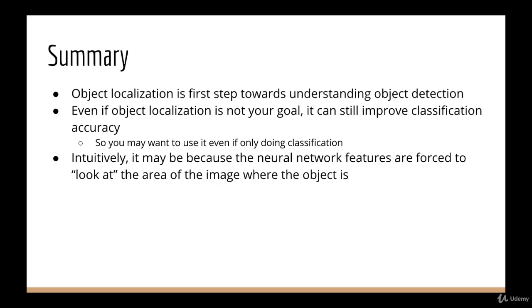So even if you only care about image classification, you might not want to just build an image classifier, but rather an object localization network. Intuitively, this might help because once your CNN focuses on where in the image an object is, it can focus its efforts on classifying just that part of the image rather than trying to do a classification over the whole thing. In the next few lectures, we'll look at how we get from object localization to object detection.